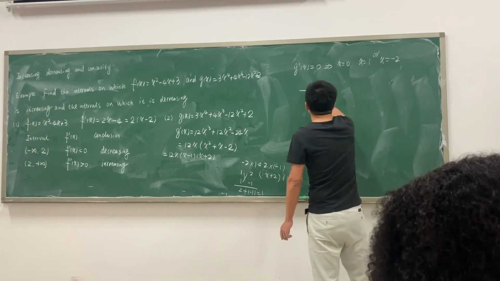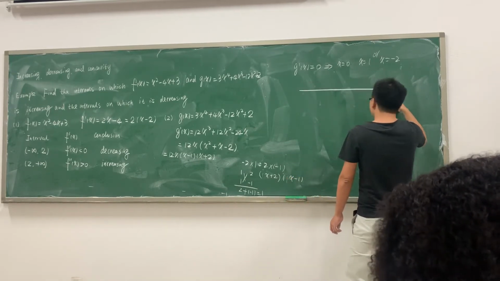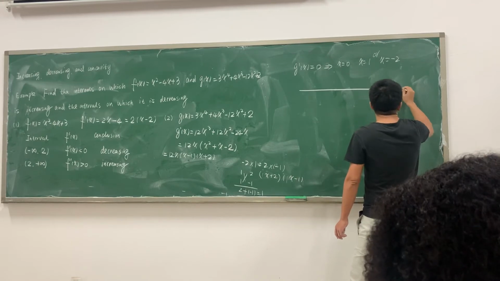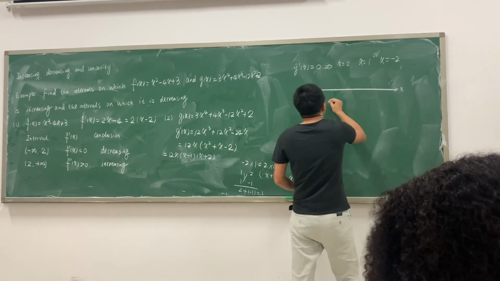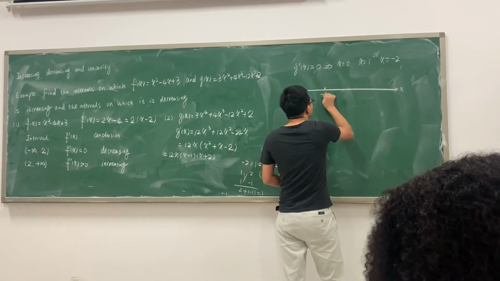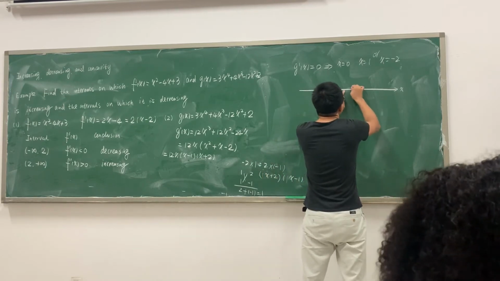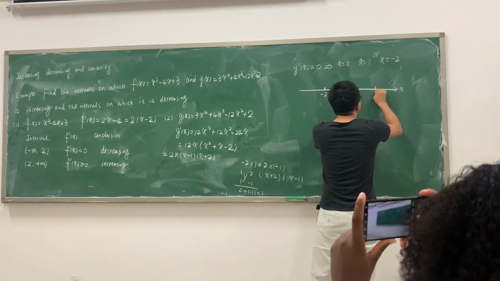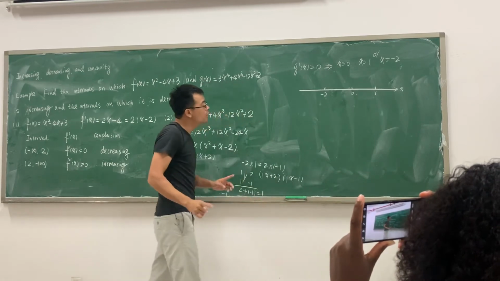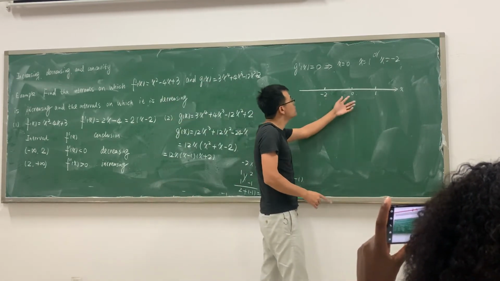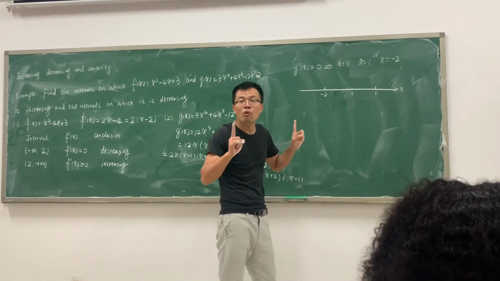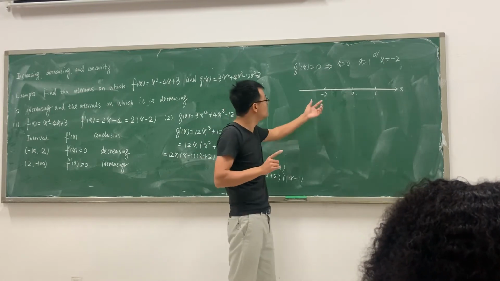We plot the x coordinate: minus 2, 0, and 1. So we have 4 intervals.